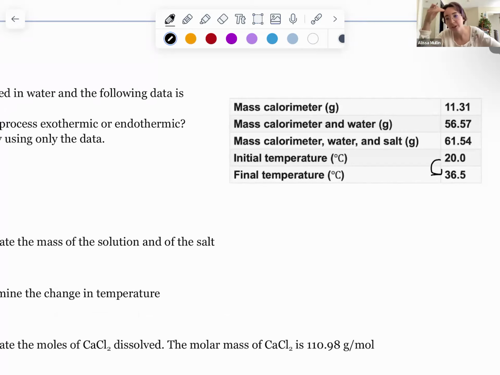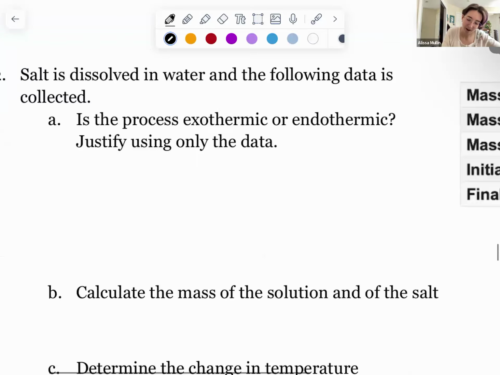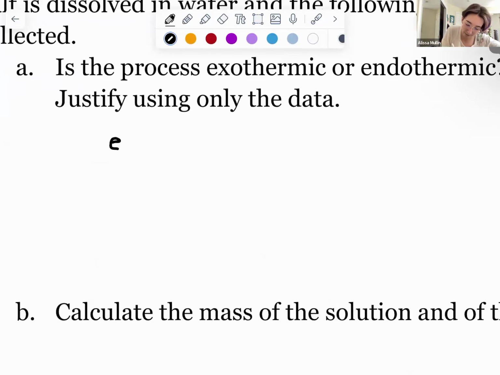So from this solution being dissolved, I've had an increase in temperature, showing that heat was released from this process, causing my solution to heat up. So I know that this process is exothermic, just from that data.